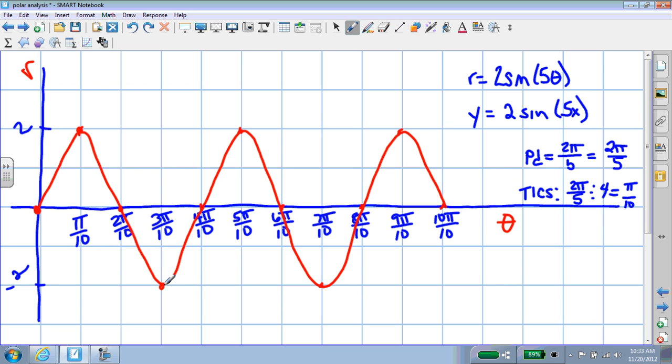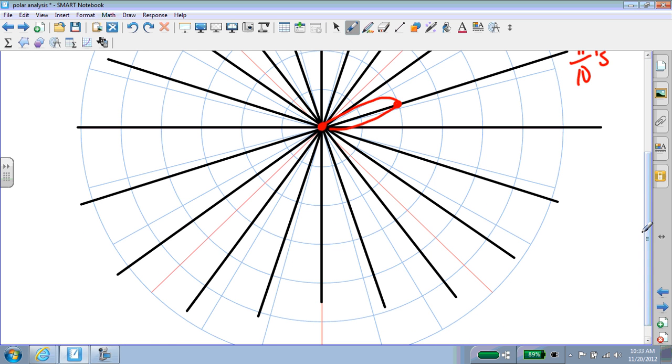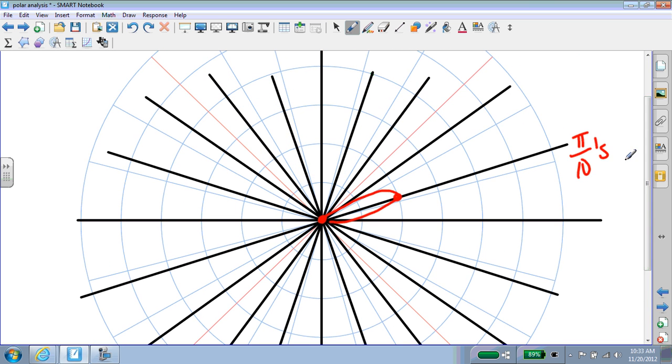At 3 pi over 10, I'm at negative 2. Now that's very interesting to draw, a radius of negative 2, which says go the other way. And then at 4 pi over 10, I'm back at 0. So at 3 pi over 10, I'm not at positive 2.